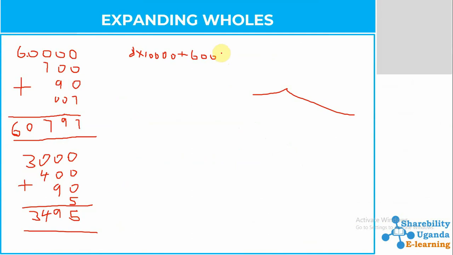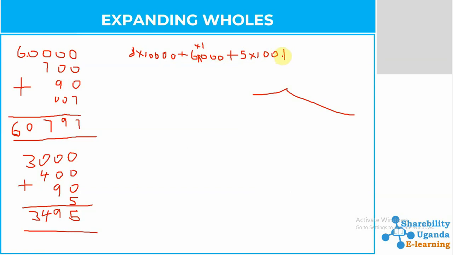Okay, this was 6,000, and so this was the same as 6 times 1,000, then 5 times 100.